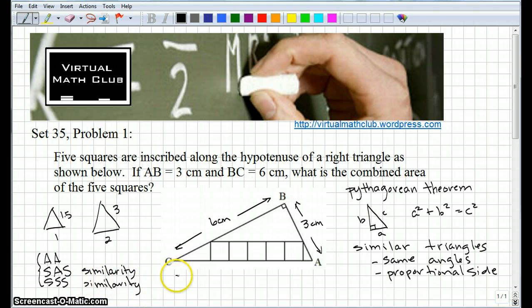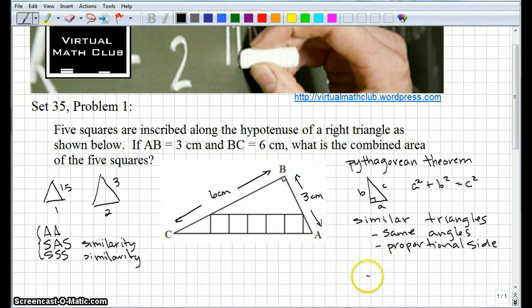Probably another good thing to know is the theorem for parallel lines. If you have two parallel lines, pretend these two lines are parallel, and you have a transversal that cuts across them, then you know that the corresponding angles are the same.